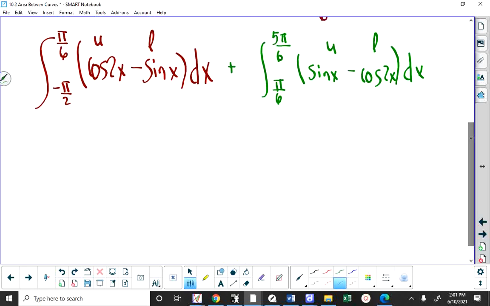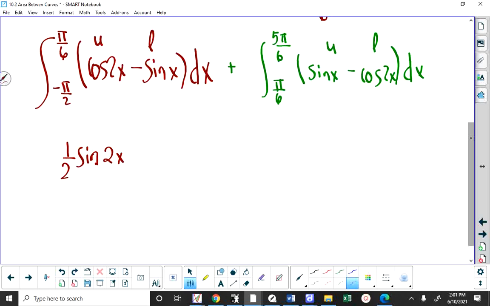All right, so that's the nice thing about this: the anti-differentiation is not difficult. The antiderivative of cos 2x is 1/2 sine 2x. Minus, what's the antiderivative of sine x? Well, what do you differentiate to get sine?